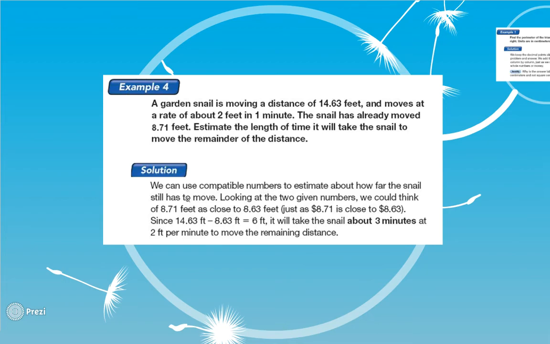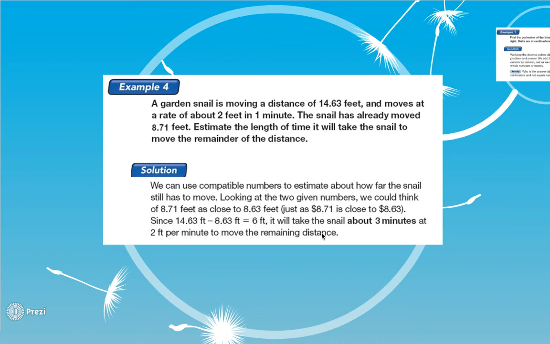So it says here to estimate, that's what you want to look at first. And so we're going to use compatible numbers to figure that out. So 8.7 is really close to 9, actually. So what we can do is just subtract 9 from 15, and what we find is that we have 6 feet left over.